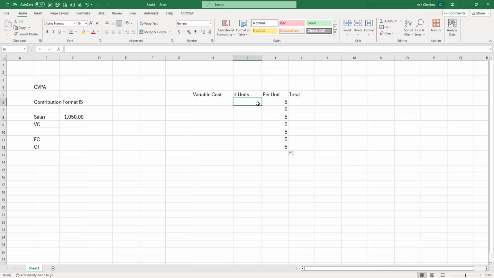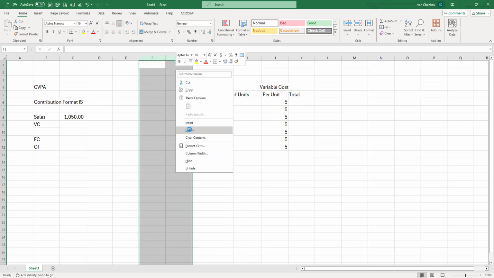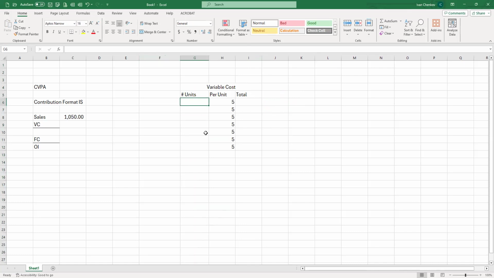The number of units that we're purchasing. Make it this way so it can be a little bit easier for you to process. The number of units is going to drive our variable cost. If we purchase 0 units, my cost will be 0 times 5. My cost will be 0.